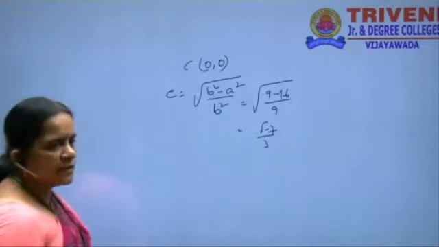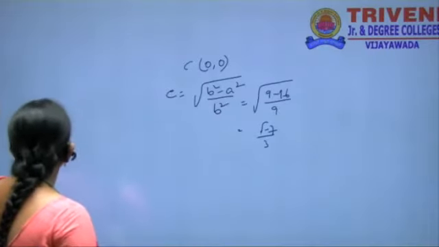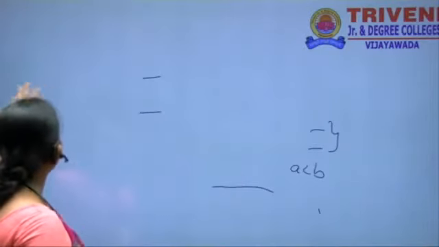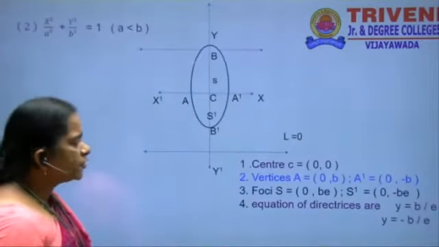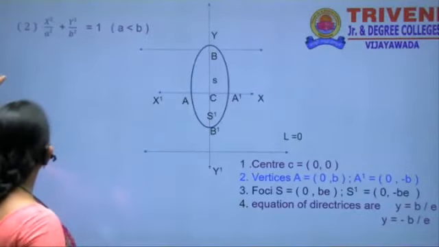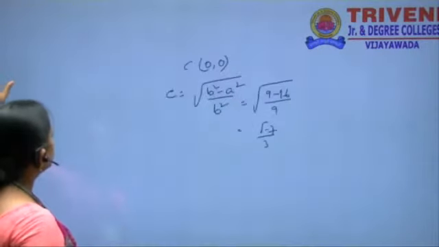And again, here similarly we have to find the equation of the directrices. The formula of the equation of the directrices is y is equal to b by e and y is equal to minus b by e, that is y is equal to plus or minus b by e.